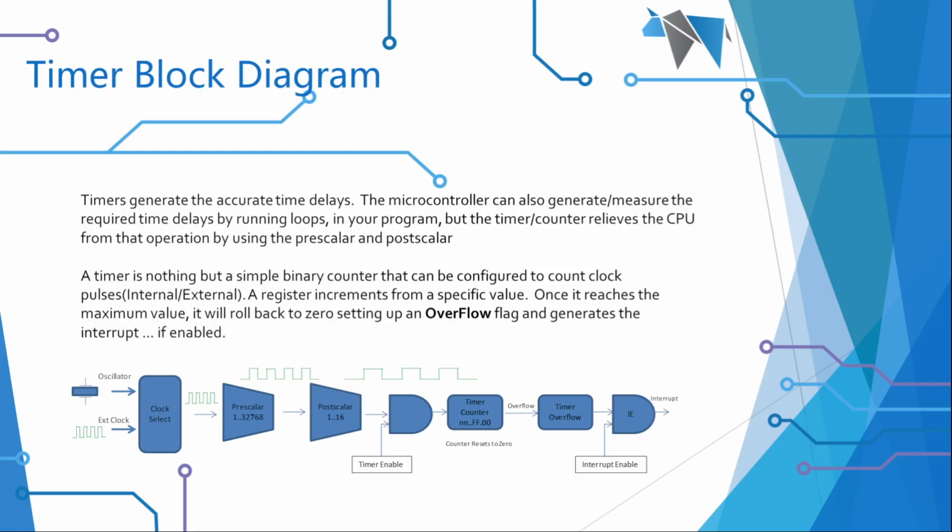A microcontroller can also generate loops in the background, where those timers or counters can be scaled using a Prescaler and Postscaler in this particular chip. But it's just a binary counter. It starts at 0 and counts upwards, and once it goes back to 0, it generates an overflow. It's called a flag. If you have the interrupt enabled, it will do something. You can send it somewhere. And we're going to look at all of that.